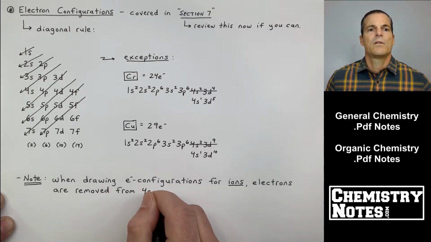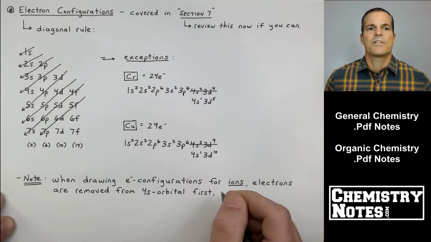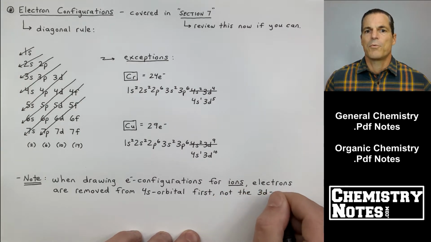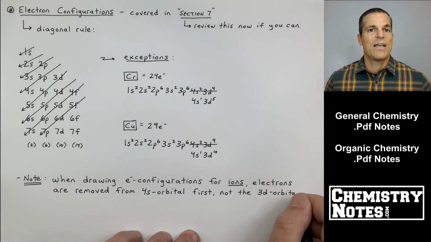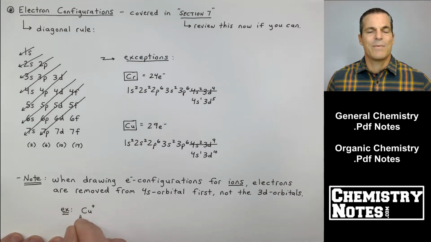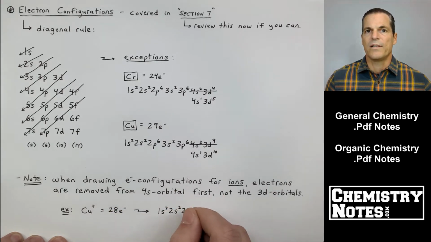Those aren't the only exceptions, like silver is another common exception, but those are the 2 I wanted to put in our notes. All right, when drawing electron configurations for ions, electrons are removed from the 4s orbital first, not the 3d orbital. Now remember, because I'm talking about transition metals, our ions are going to be cations. They're going to be positively charged. Okay, so copper plus 1 as an example.